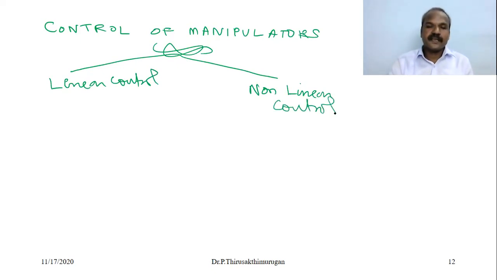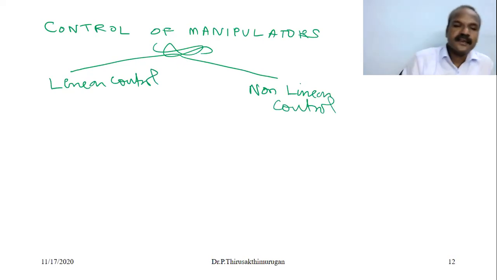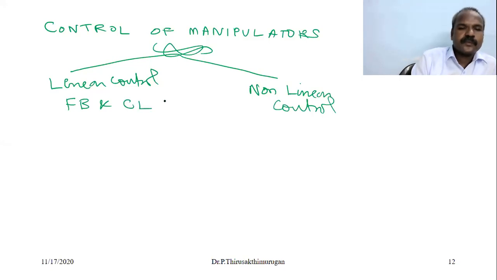So what is in the linear control? In linear control, we discuss simple feedback and closed loop control. Feedback, and that is closed loop. Feedback and closed loop control.